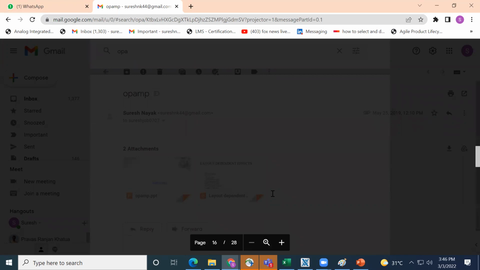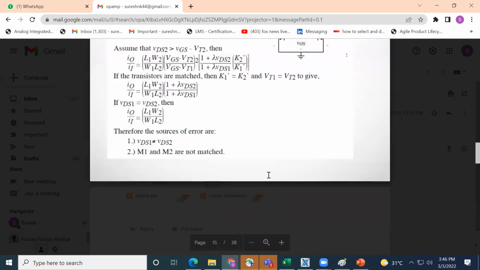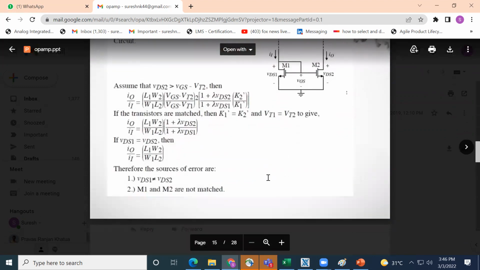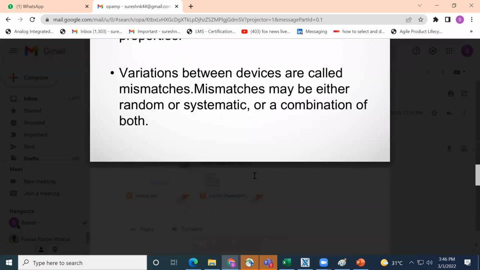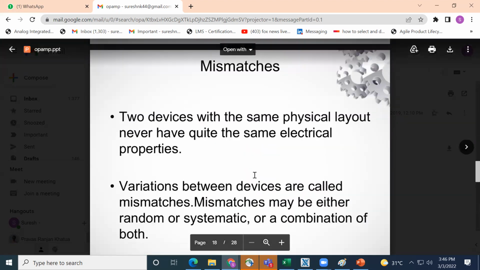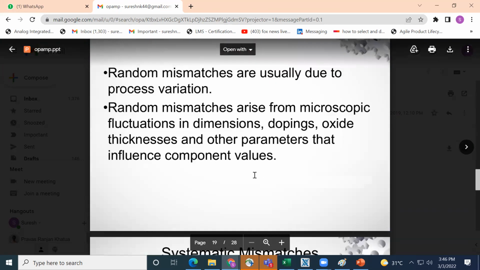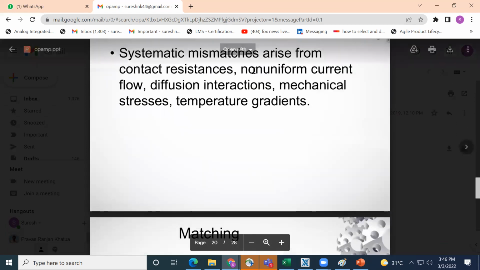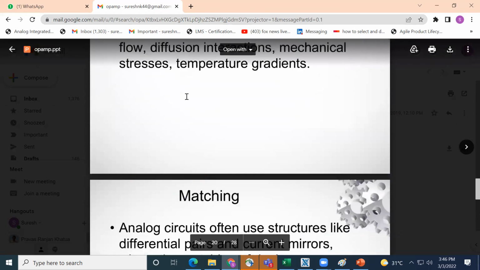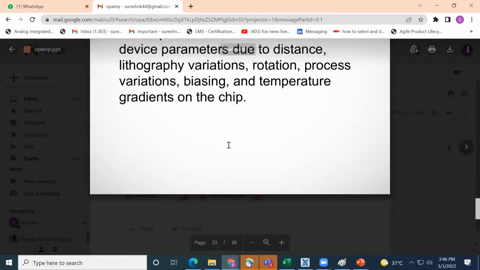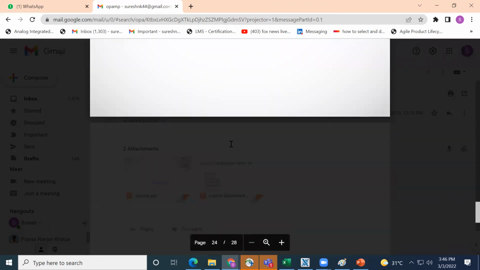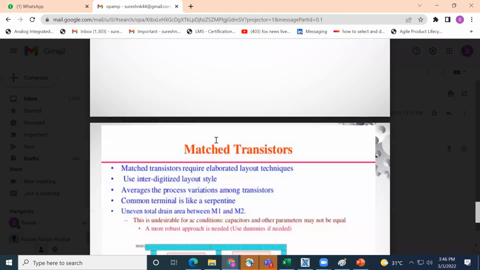The first quadrant equal to the third, the second quadrant equal to the fourth. Matching may be a different concept from mismatch. In a circuit like a pair, VT variation is important, and the circuit uses this to avoid the VT variation. So matching has two types: interdigitation and common centroid.